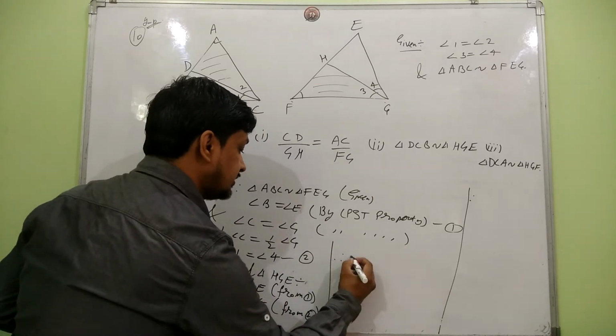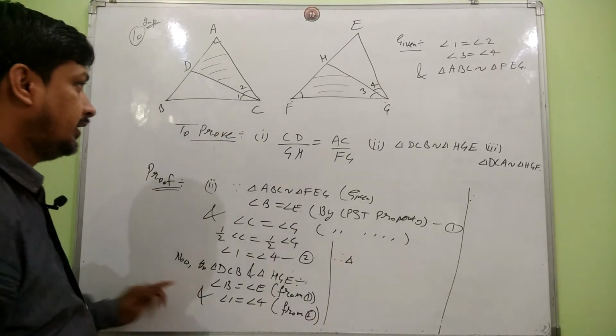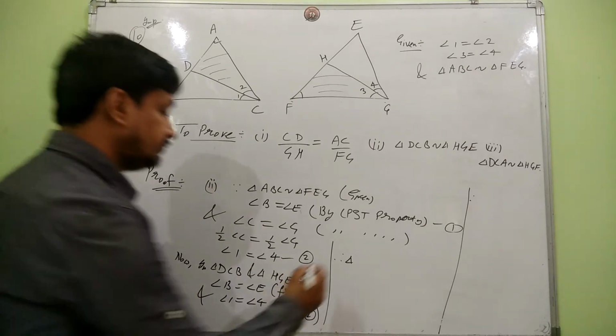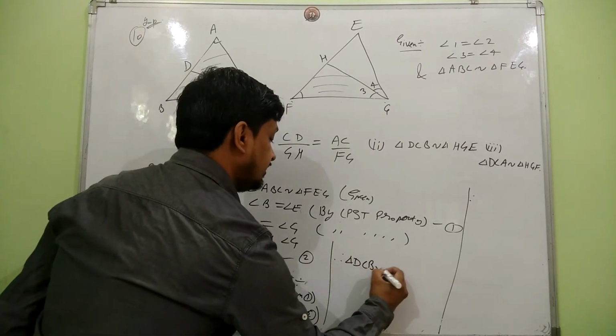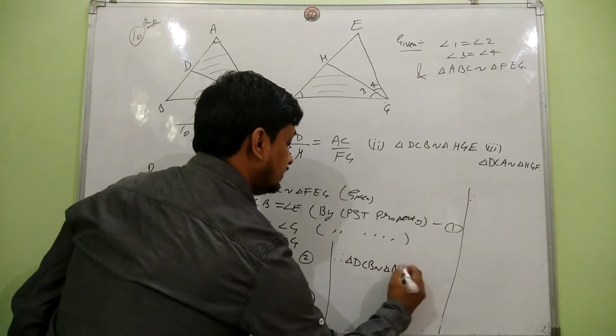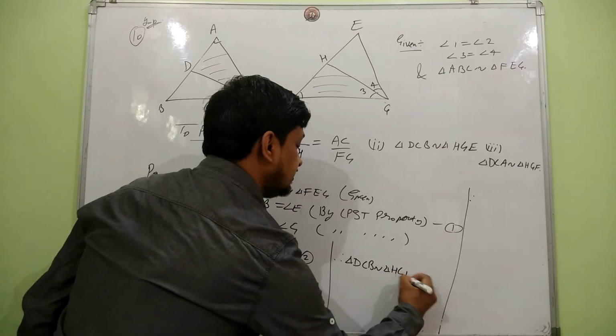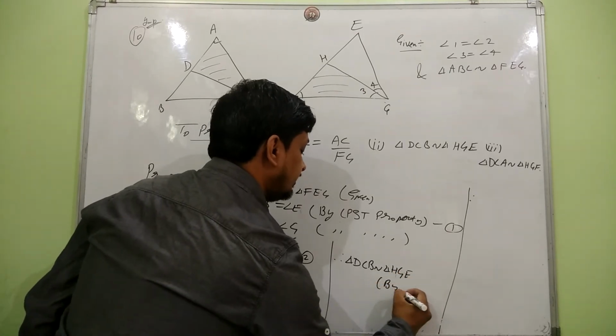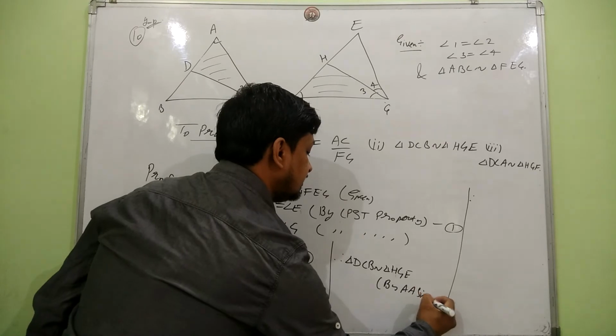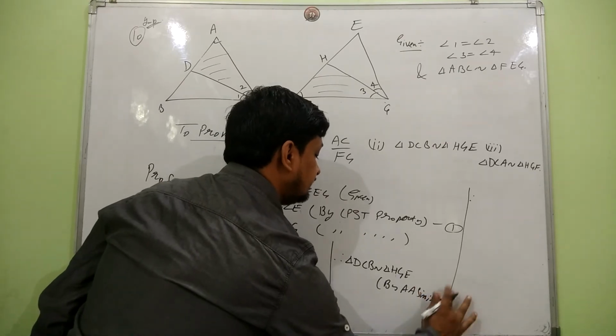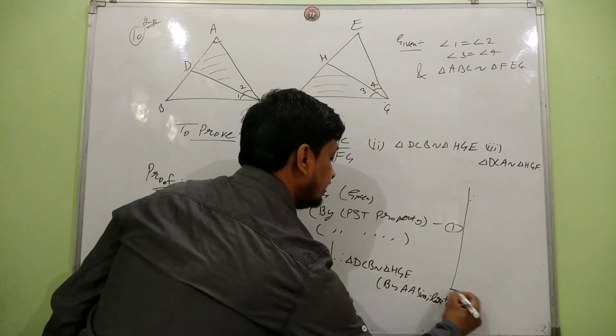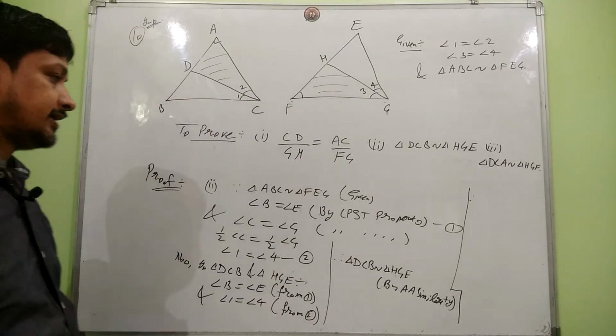So now we can say triangle DCB is similar to triangle HGE by AA similarity. So that's it. This is the second part.